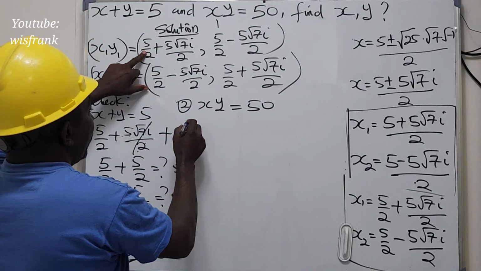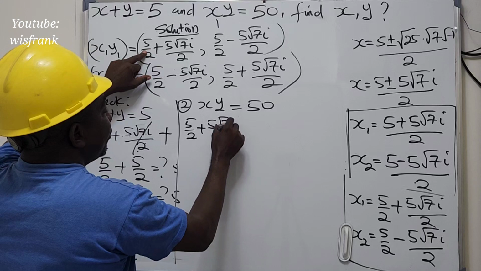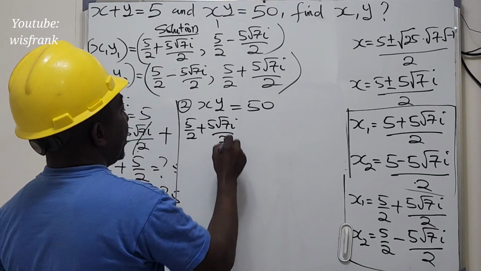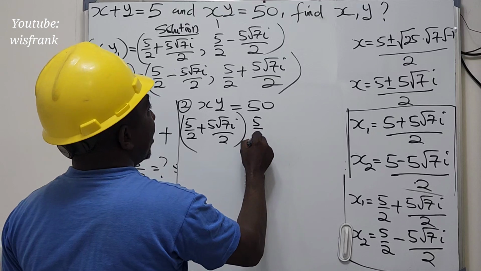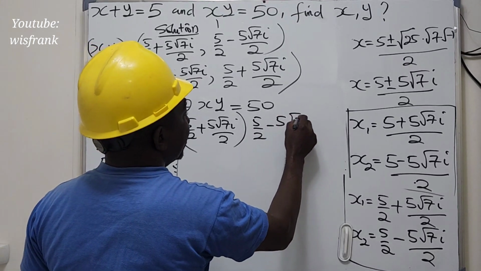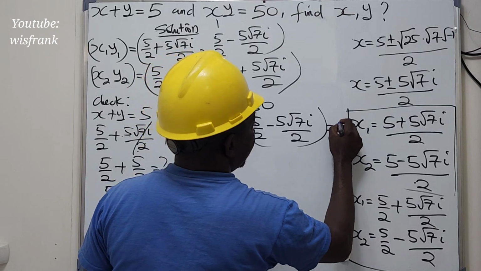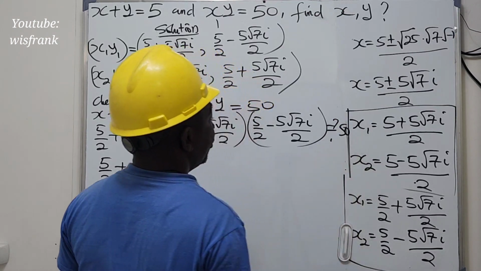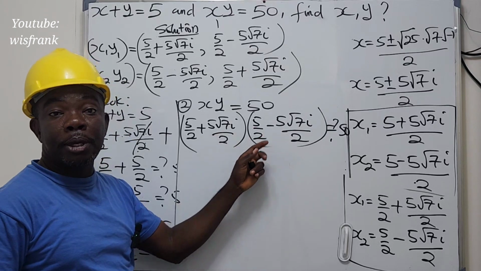Then taking this, we have 5 over 2 plus 5 root 7i all over 2. Then we need to multiply by 5 all over 2 minus 5 root 7i all over 2. Will it give us 50? Let's check. You can see that we have this addition here and subtraction here.